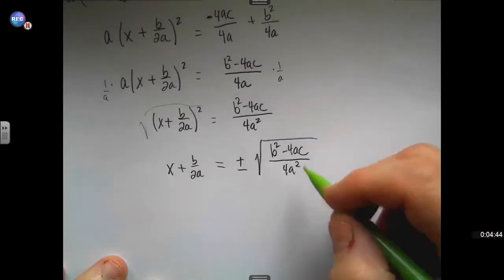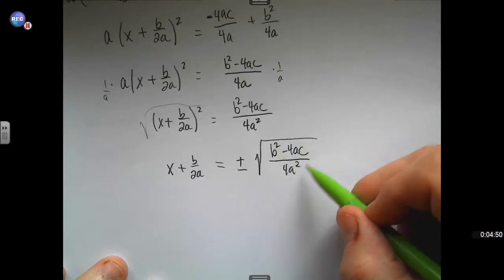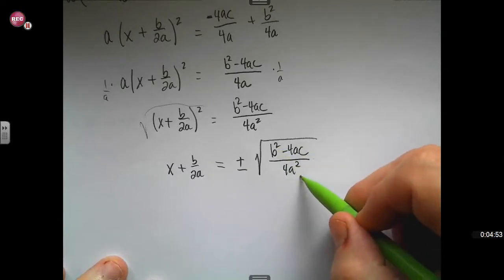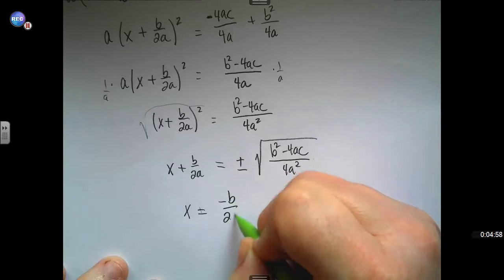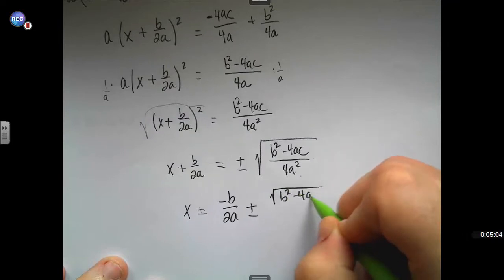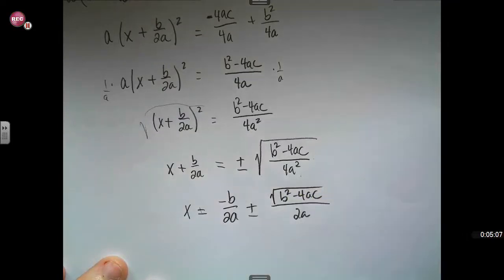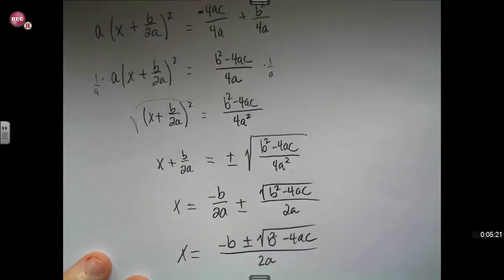As you recall from our section on simplifying radicals, we can separate this, and I can't simplify the top, but the square root of 4a squared is 2a. I'm going to move that over at the same time, so I have minus b over 2a plus or minus the square root of b squared minus 4ac all over 2a. It looks like I have a common denominator: minus b plus or minus the square root of b squared minus 4ac all over 2a. That is the quadratic formula.